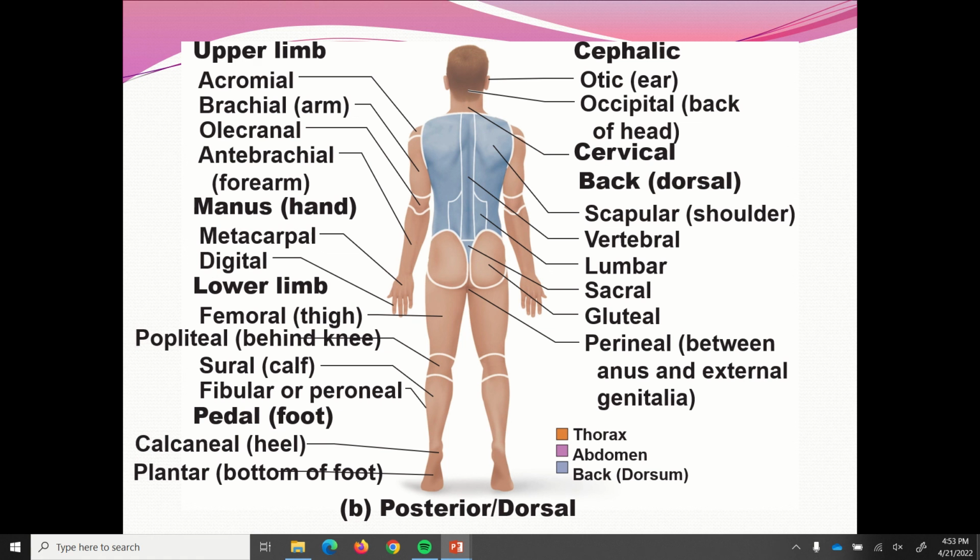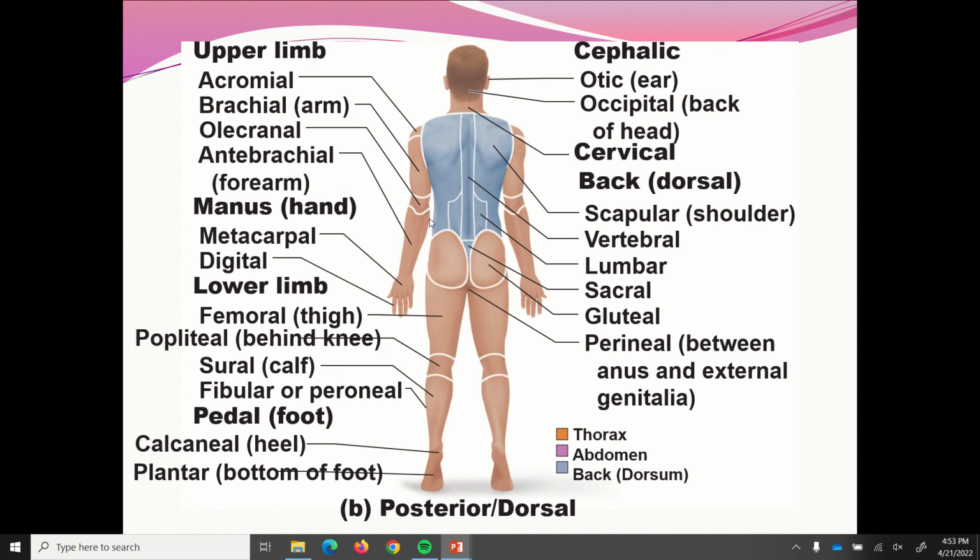On the posterior or dorsal side, for the axial, the head or cephalic region consists of the otic, which is the ear. I don't think that was mentioned on the other slide. The occipital, or back of the head. The cervical is still the neck.